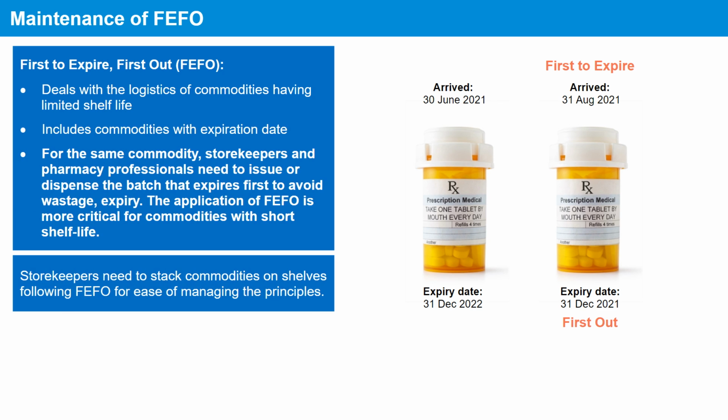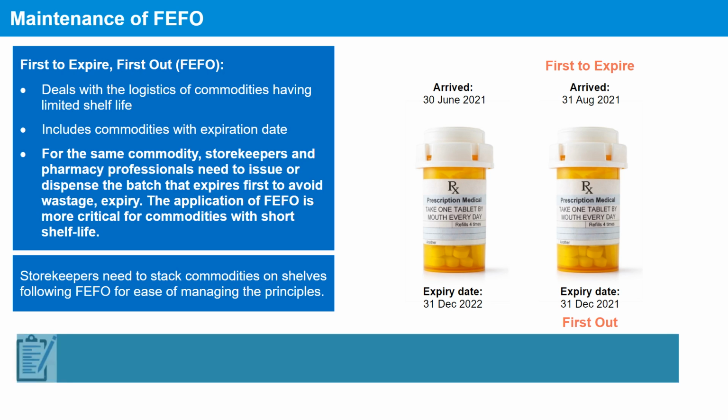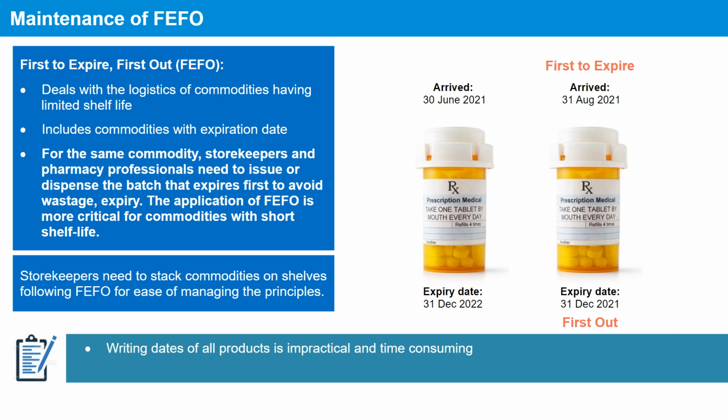FEFO is majorly used in the pharmaceutical and chemical industries where expiry dates are calculated based on a batch expiry date or shelf lifetime. A system of writing all dates down of every product is impractical and time consuming, particularly when the majority of products will leave the store far before their expiry dates. Instead, the only way to keep track of expiry dates is to regularly check items and perform markdowns when necessary.